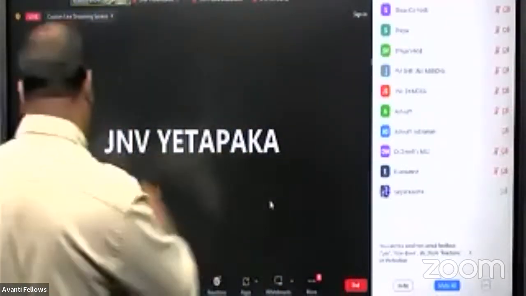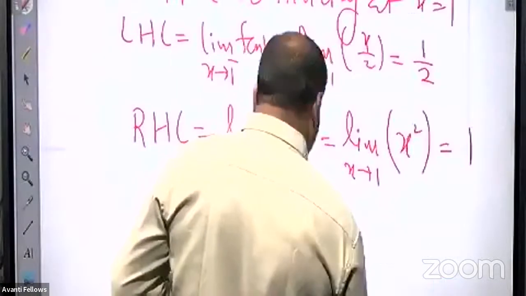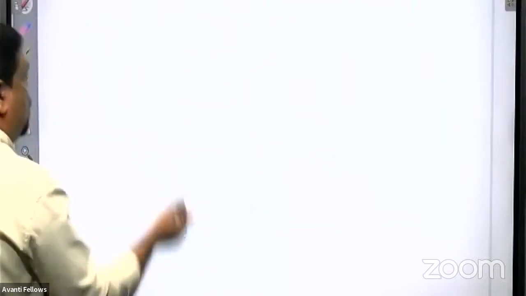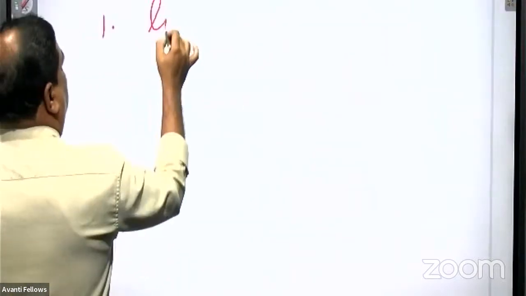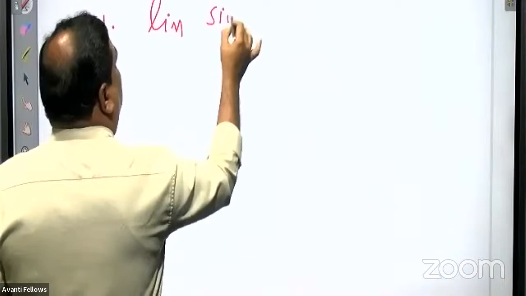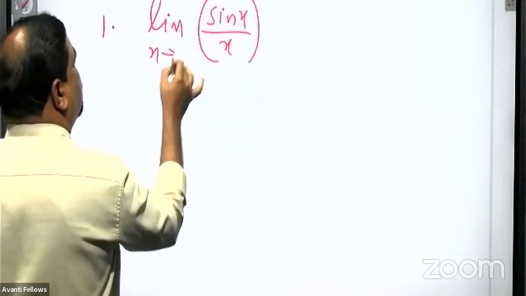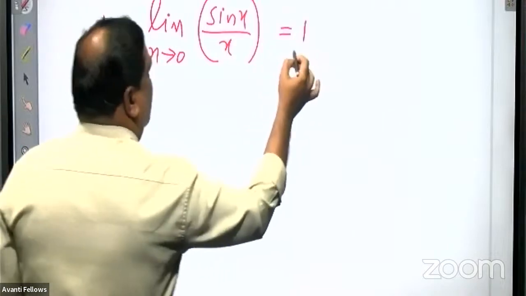For example, if some trigonometric function comes, then we need to remember a trigonometric formula. From trigonometry, we have a standard limit: limit of sin x by x as x tends to 0 is equal to 1.